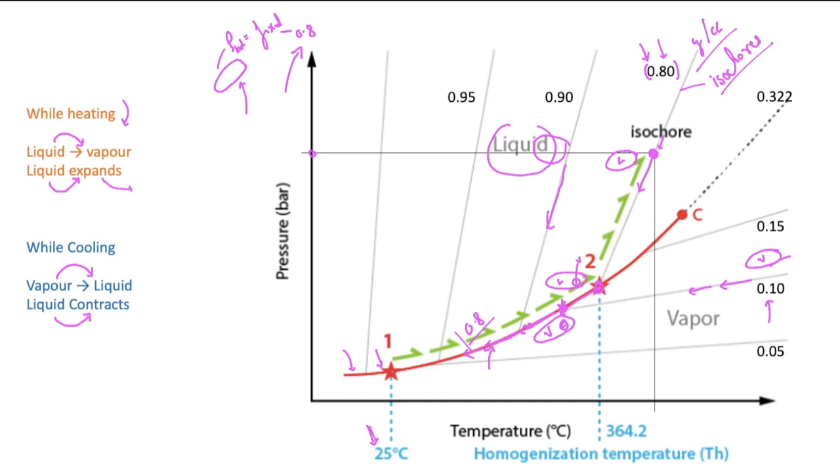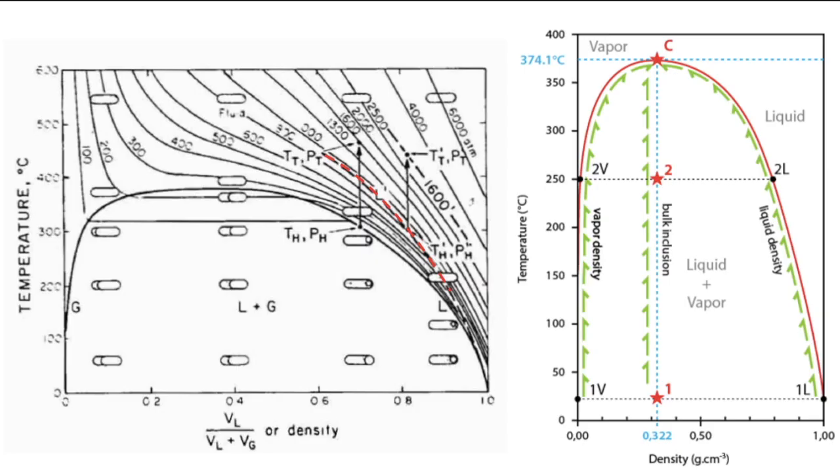I'll come back to this, but before that you need to know this. The inclusions can have different proportions of liquid and vapor in them. We can have a very vapor rich inclusion in which the major portion is vapor and a small portion is liquid, and we can have a very liquid rich inclusion in which there is a small bubble of vapor and the rest is liquid.